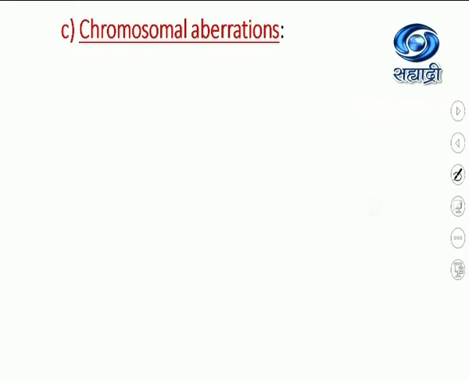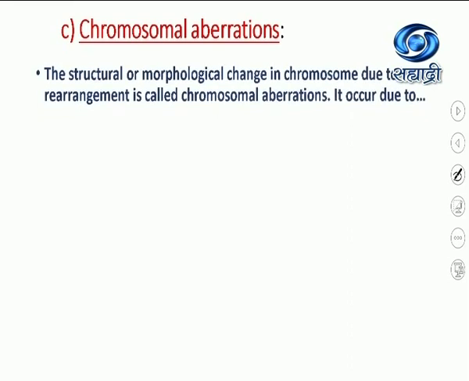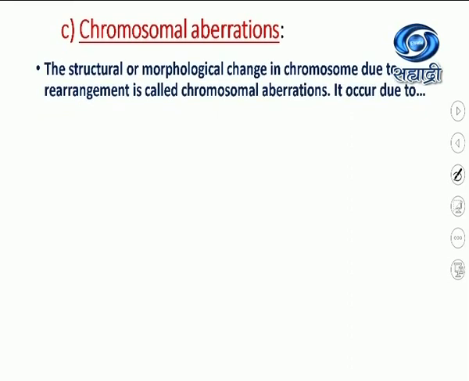Let us see it in detail. The structural or morphological changes in the chromosomes of the genes are termed chromosomal aberrations.